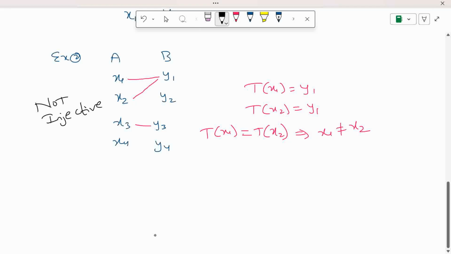Now let me take example 3. Here two sets are real numbers.